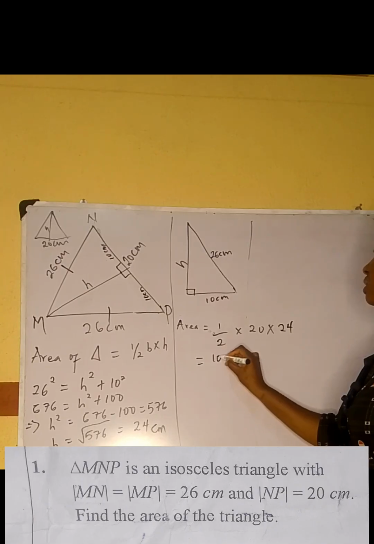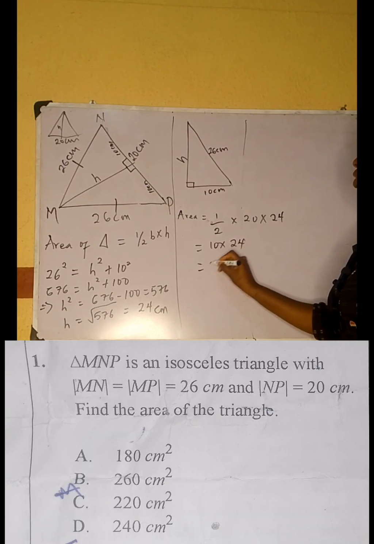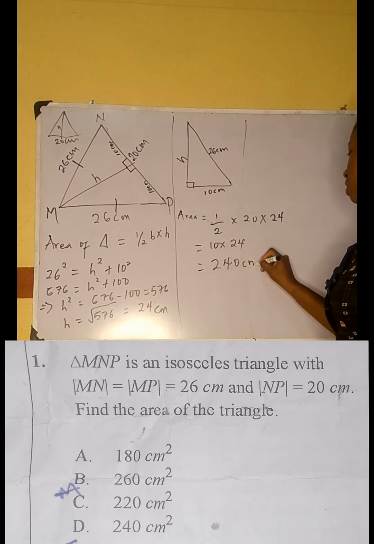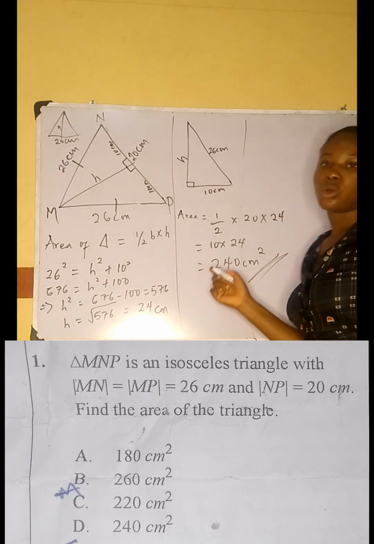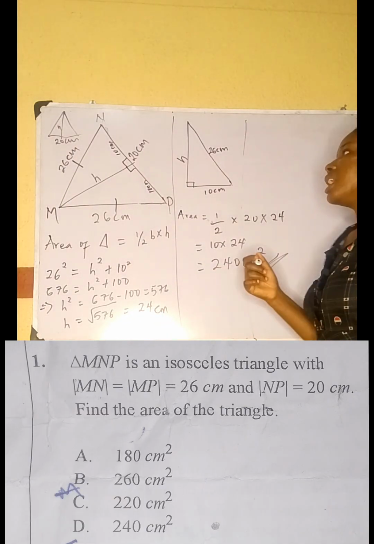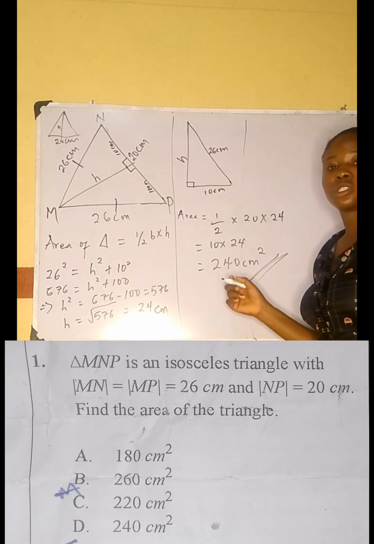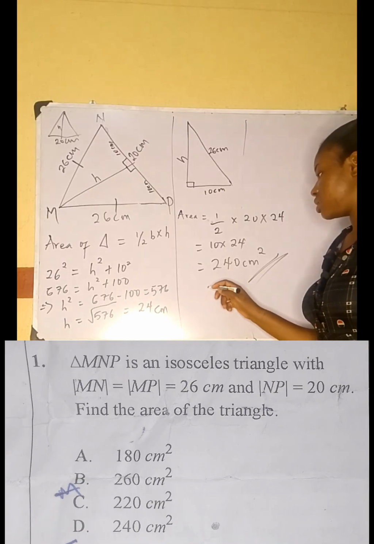So this is 10 times 24, which is 240 centimeters squared. So our area is 240 centimeters squared, which is option D.